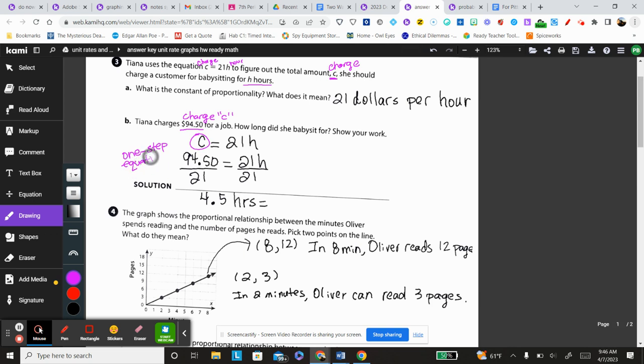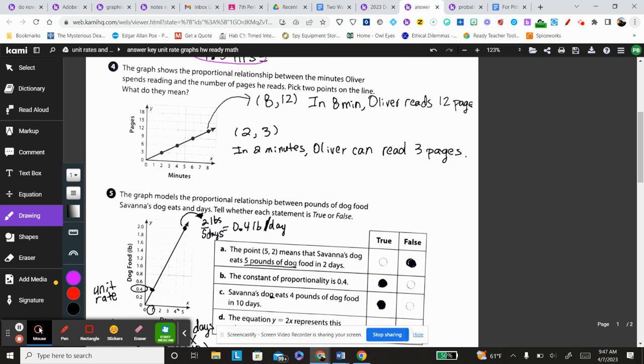If you have a 1-step equation, you just get rid of what's on the side with the variable, which is 21. It's mashed together, it is multiplication, so we divide both sides by 21, and it tells me that she worked for 4.5 hours. Does that make sense? Y'all sure?